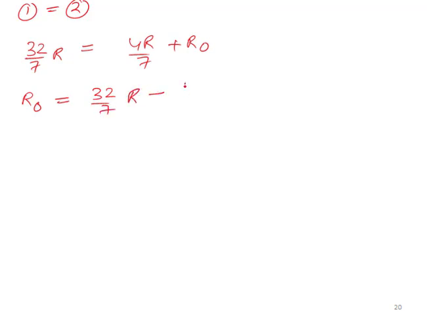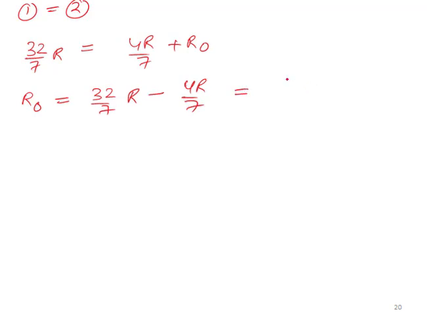Equation 1 we have obtained as R equivalent is 32 by 7 of R, and equation 2 is 4R by 7 plus R naught, because R naught is connected in series with the 3 resistances. Now we have to calculate the value of R naught, which will be equal to 32 by 7 of R minus 4R by 7.